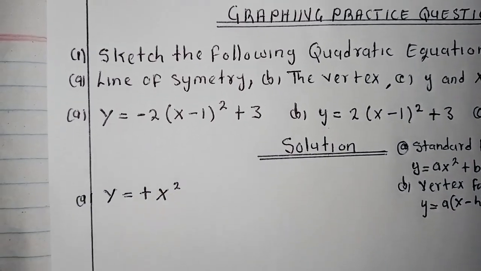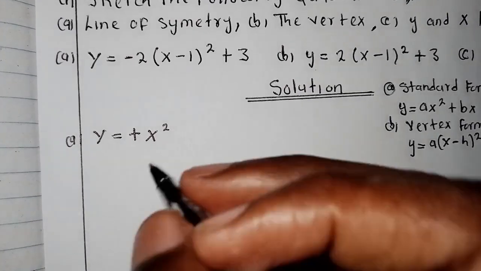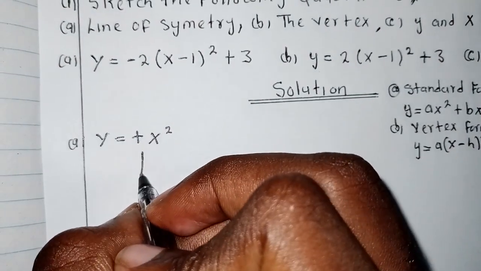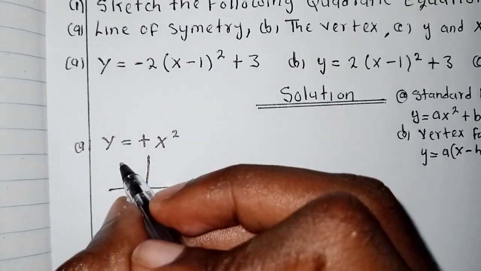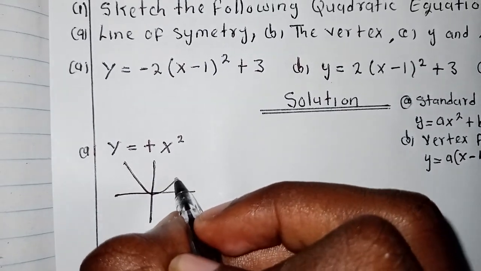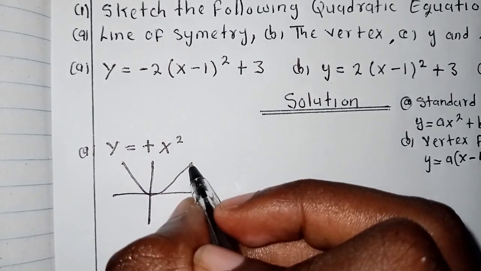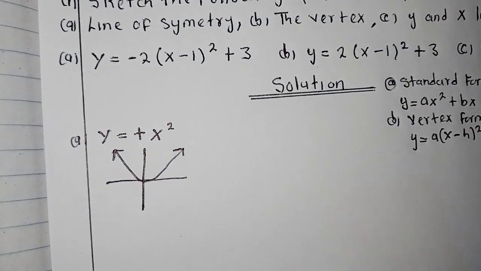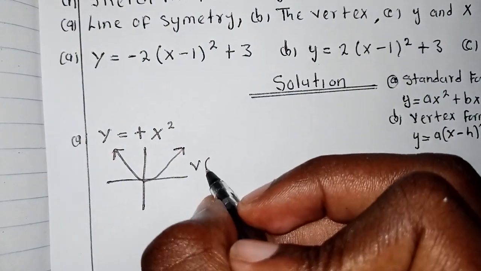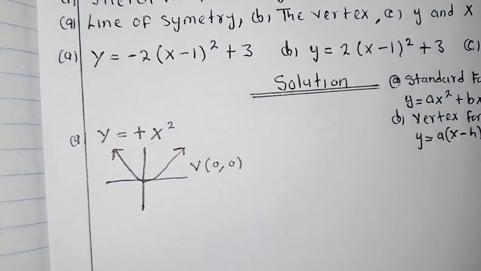So how does this one come out? Of course, since it's positive, we expect it to open upward, with the vertex at 0, 0.